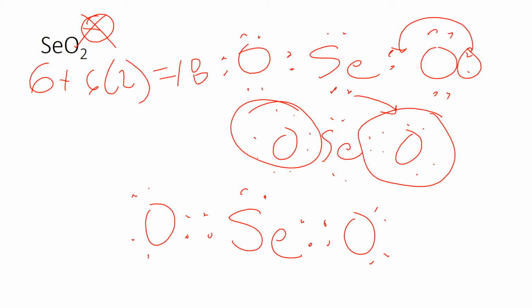So not only does selenium have access to 10 electrons, an expanded octet, like we predicted based off of the last slide, but on top of that, oxygen has an equal number of electrons accessible. It's kind of that formal charge idea, but we didn't break it down and do the math. It's more of the eyeball test here. This works. Let's look at the next one here.